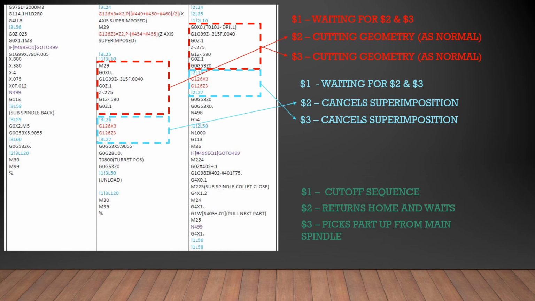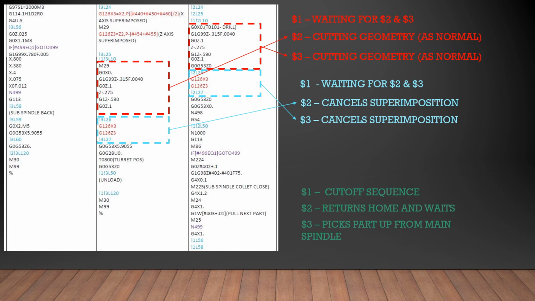And then what's next? Rapid back. So that subspindle will rapid back 100 thousandths away from its Z0 independently of what's going on on the main spindle.